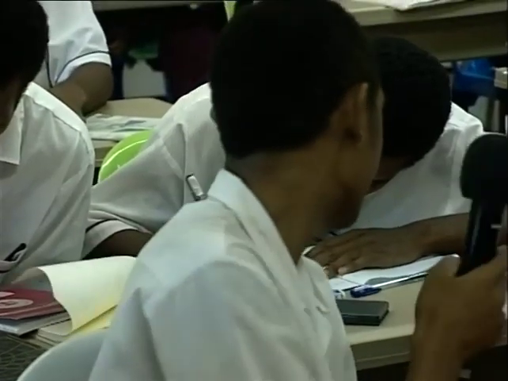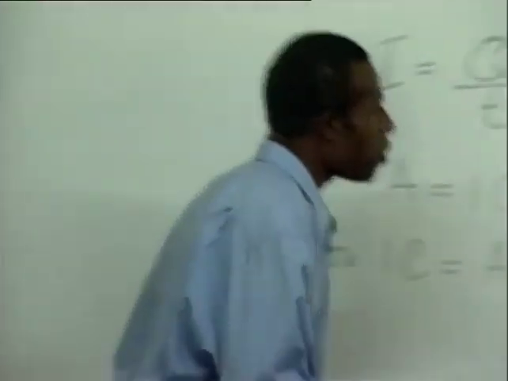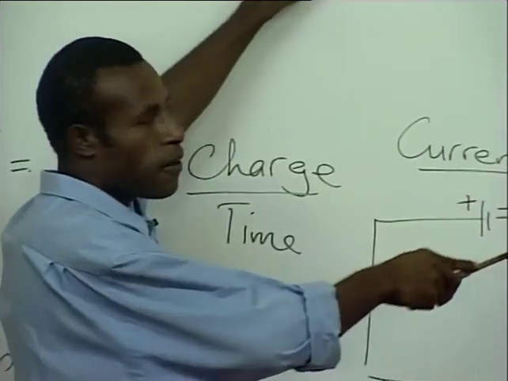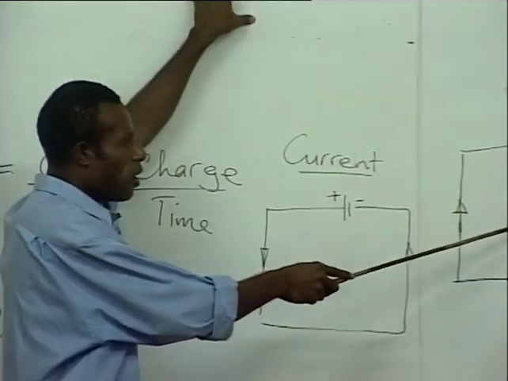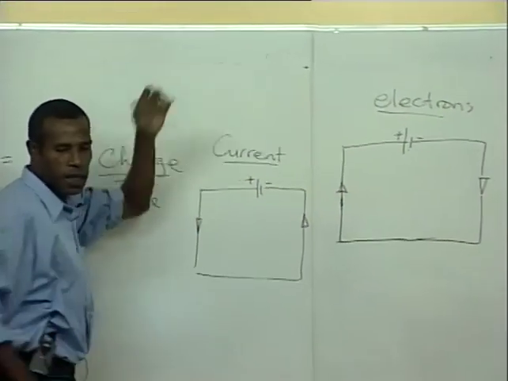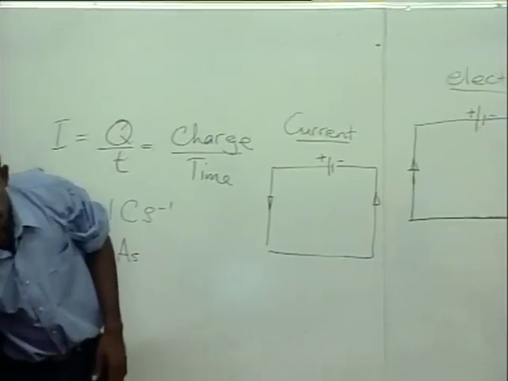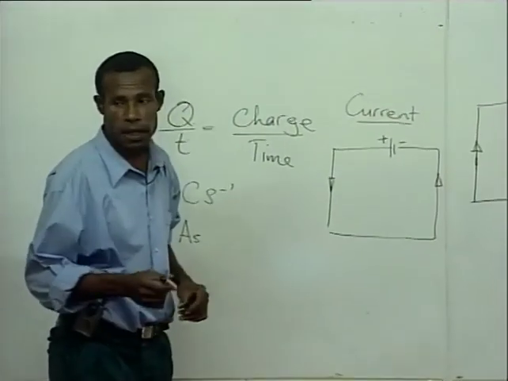Looking at this explanation, here on the board I have a diagram that shows you, especially for the electrons, when there is a chemical reaction that takes place in a very simple cell.